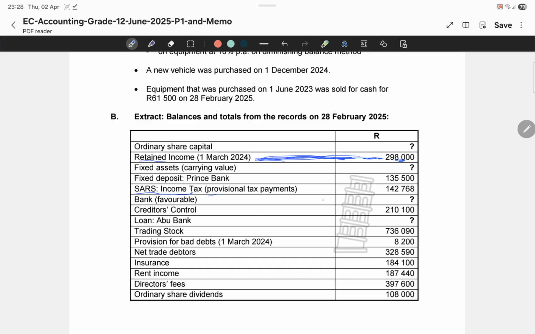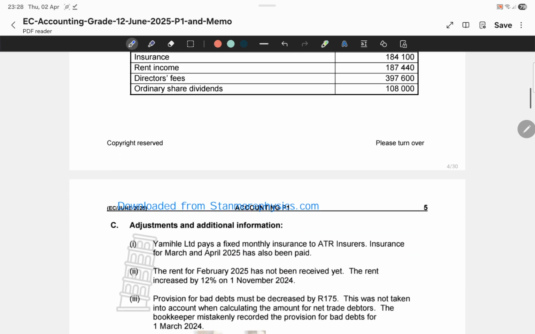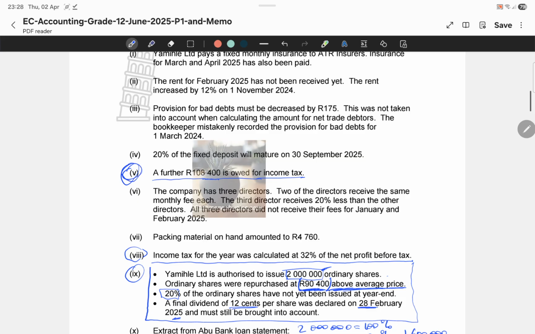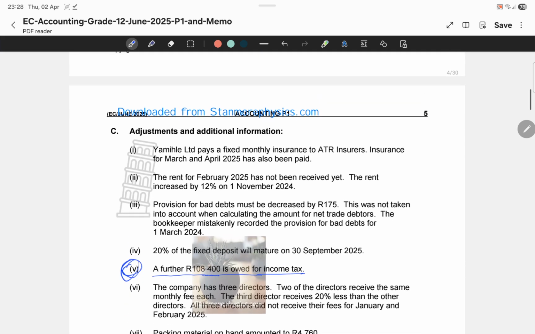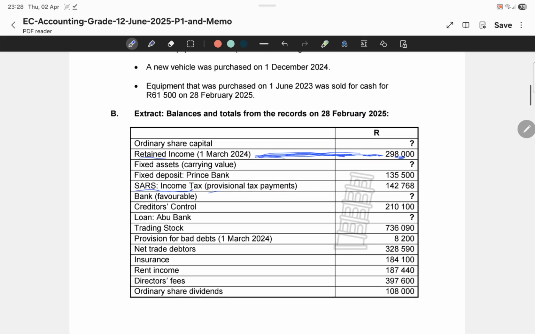Then, when they give you information like this one on Roman figure 5 that says a further 108,400, it means the business still owes SARS 108,400. So you need to add it with the one that was paid during the year to see the total that the business had to pay for the whole year. Okay, so now the provisional tax payments is 142,768.